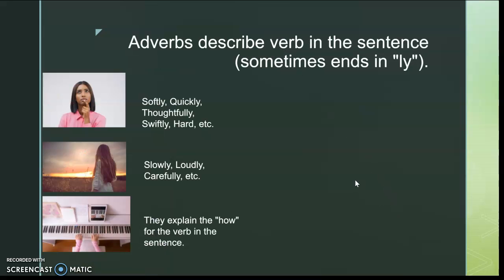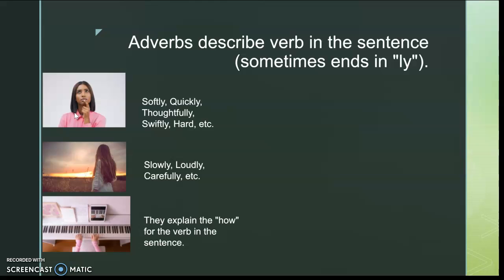Okay, our next one is adverb. An adverb in a sentence sometimes describes the verb in the sentence, and it sometimes ends in -ly. Not always. And I will give you examples later to show you how it's sometimes not an -ly word. But adverbs are our helping words that describe our verb. In this picture, this woman looks like she's thinking.